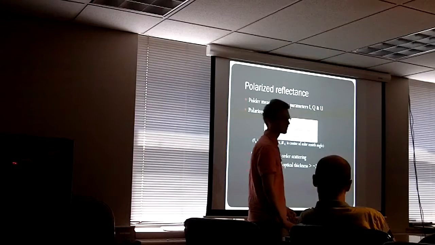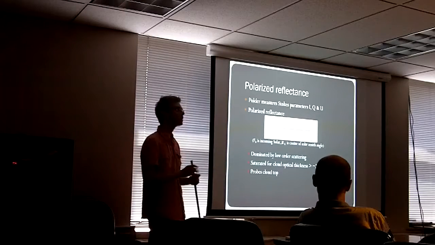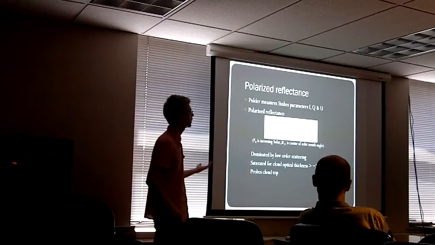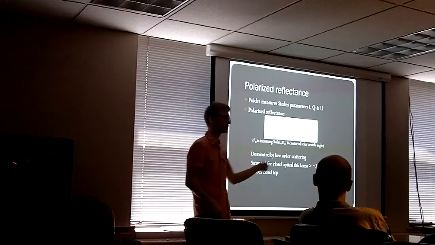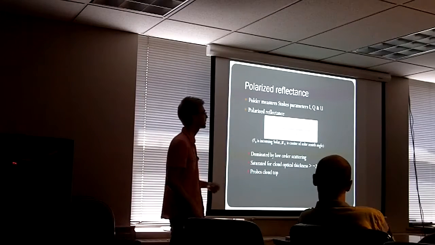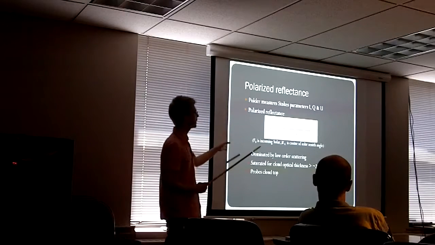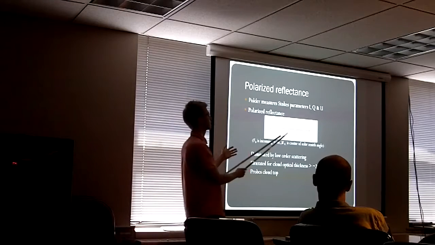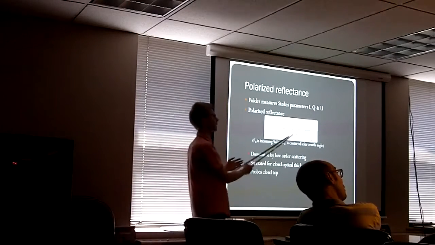This is actually in space. It measures the Stokes vectors, so I, Q and U, not the circular polarization, but it doesn't really matter in that respect. So you can define a polarized reflectance, which is basically the Q and U Stokes vectors divided by the incoming sunlight.